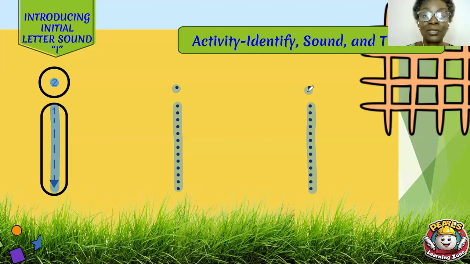So you start from the top, right down to the bottom. And you go back up and you put your dot. You see it right on top of it. Go straight down, joining the dots, go back up and put your dot. That's it.